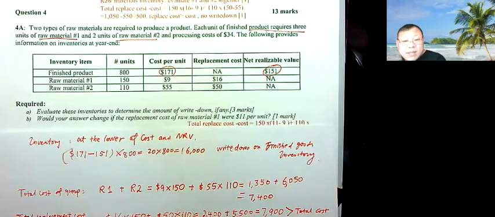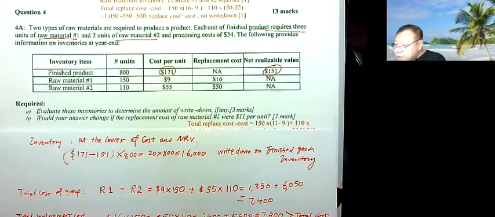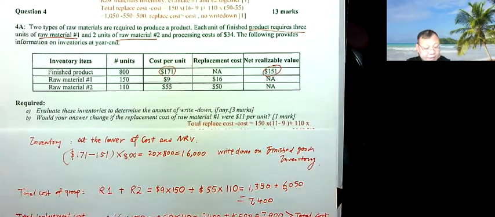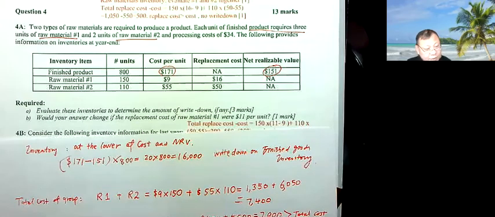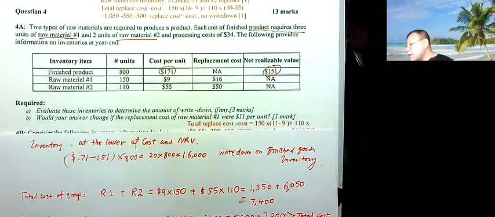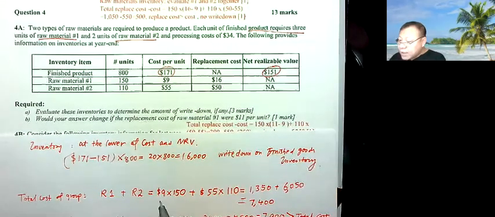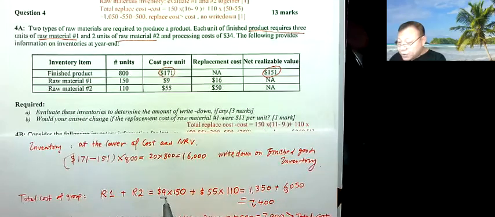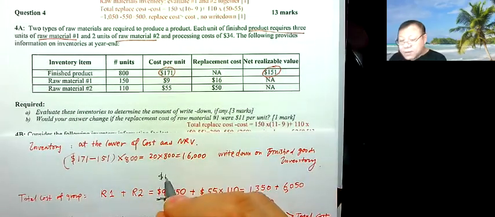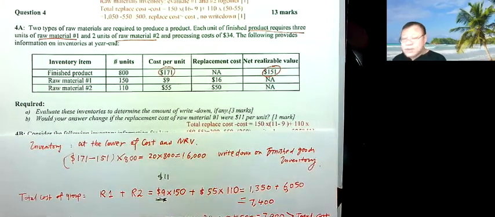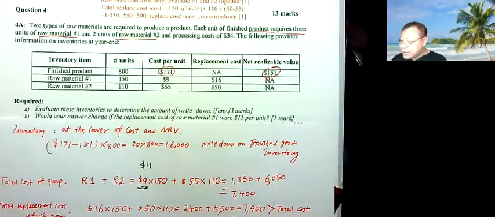The second part asks, what if the raw materials is not 9, it's 11? Okay, I need a different pen. So the question is saying, what if the raw materials cost is not 9, if it's 11? Then my numbers will change, right?